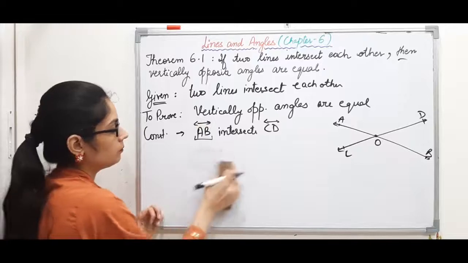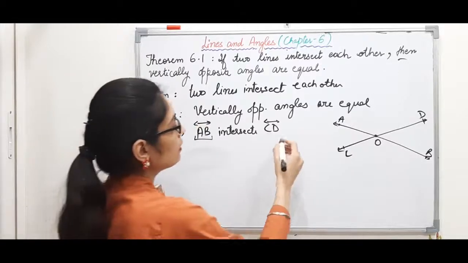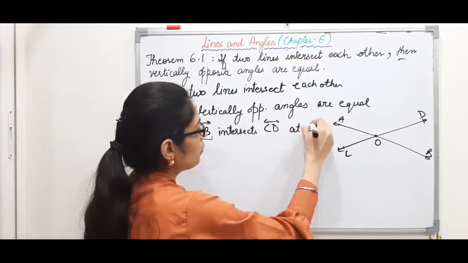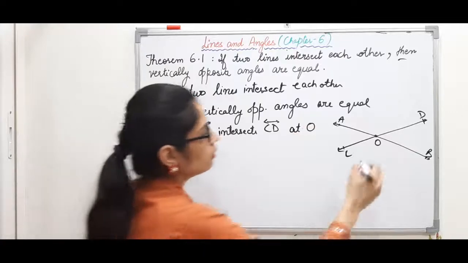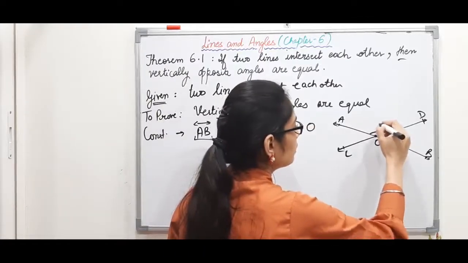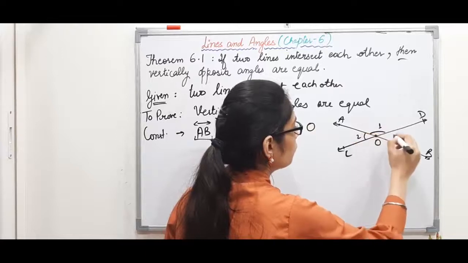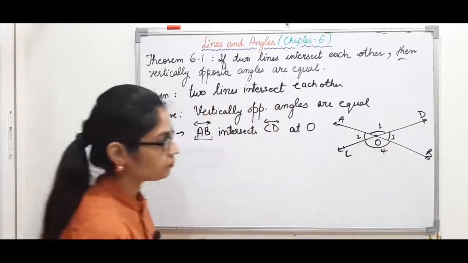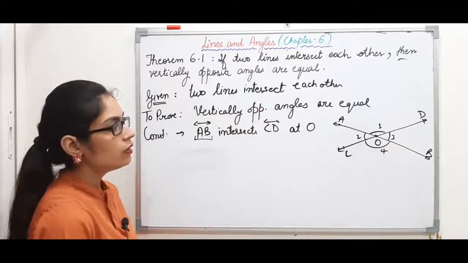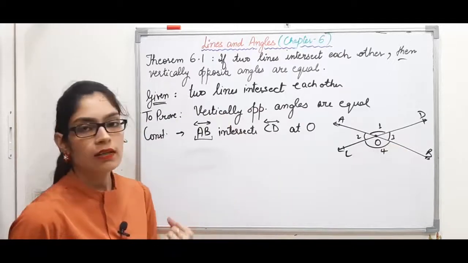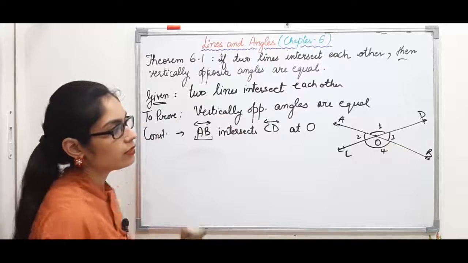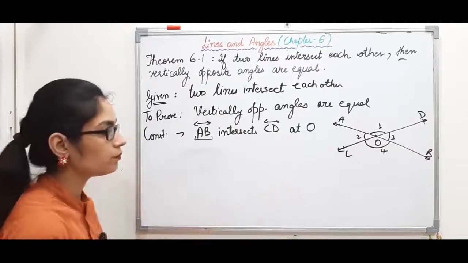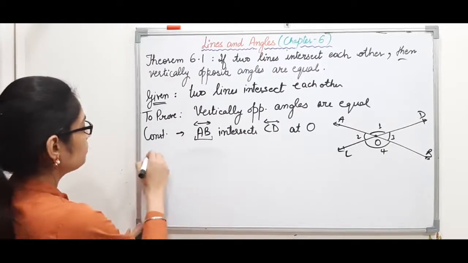So line AB and CD intersect at point O. We can name these angles: this is angle 1, this is angle 2, this is angle 3, and let's name this angle 4. Naming the angles will make things easier for us to do the proof.